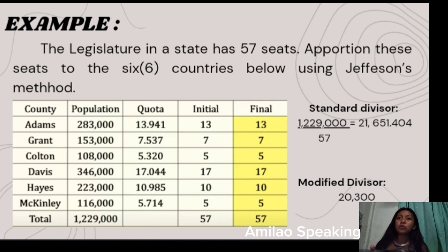Here we see that the total of the initial is only 54, but what we are looking for is a total of 57 seats. So we come up with a modified divisor. As for the modified divisor, we try 20,300. As for the 20,300, that is Adams.